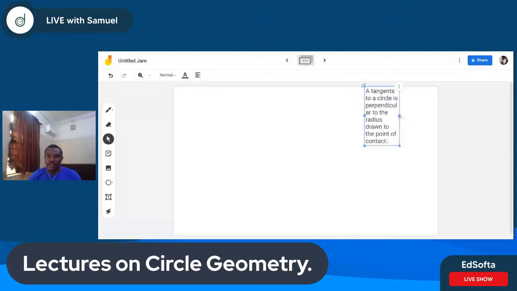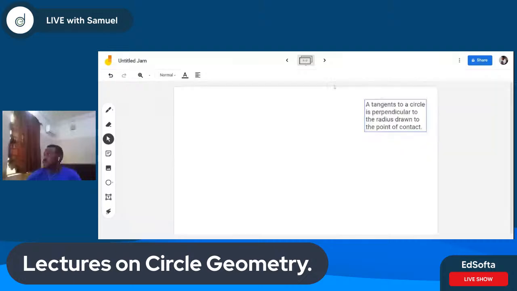The tangent of a circle is perpendicular to the radius drawn to the point of tangency.